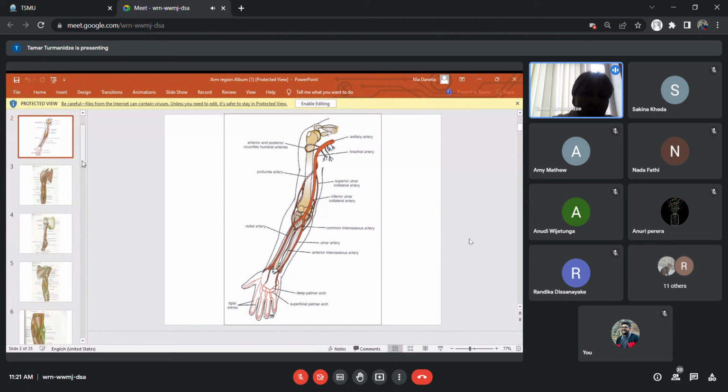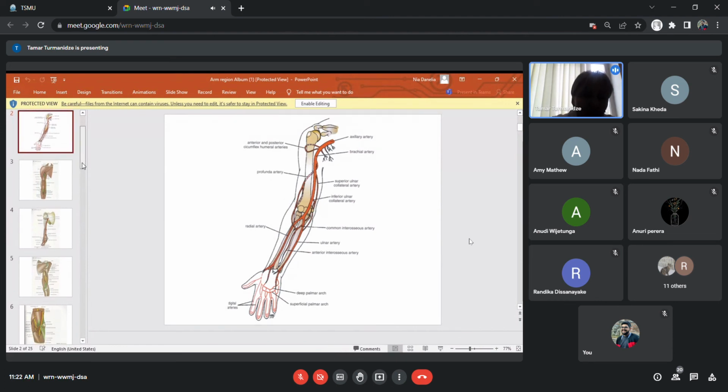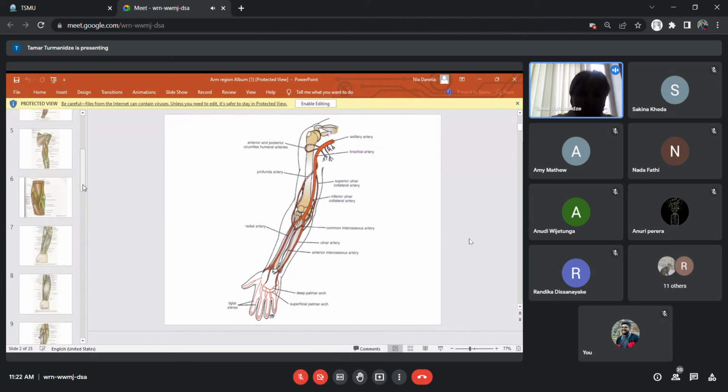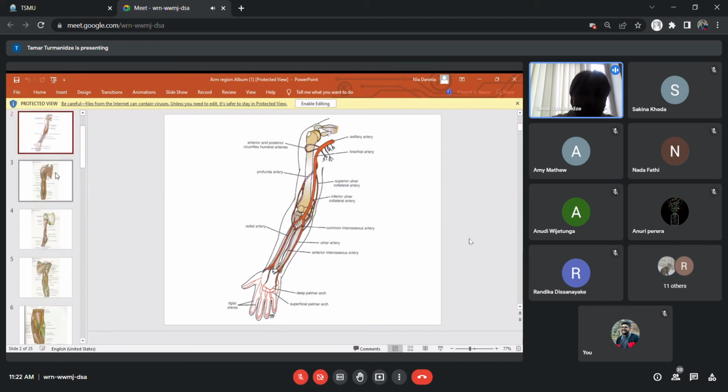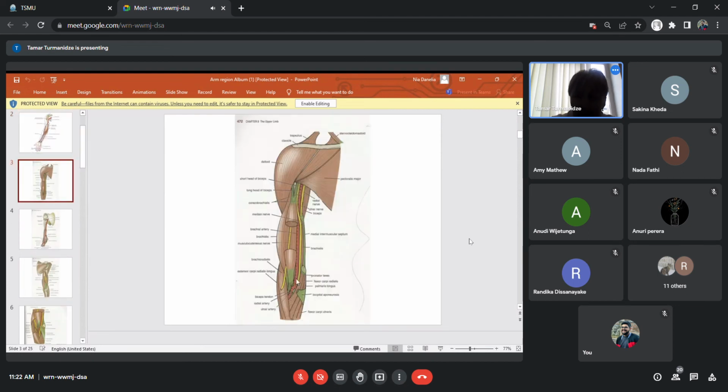So in the arm region, we said we have four deep nerves, which are the ulnar nerve, median nerve, musculocutaneous nerve, and radial nerve. But at the elbow, we have only three deep nerves.